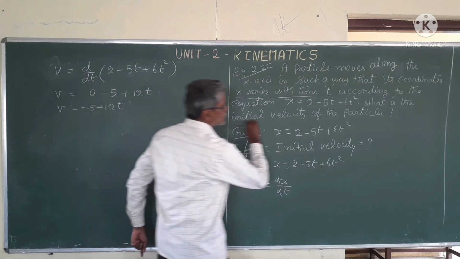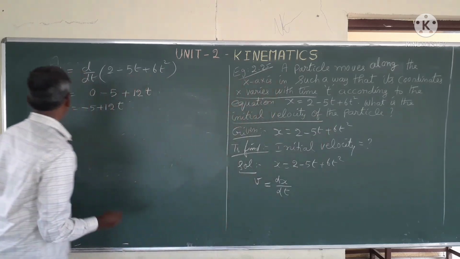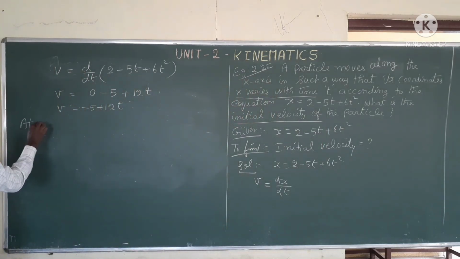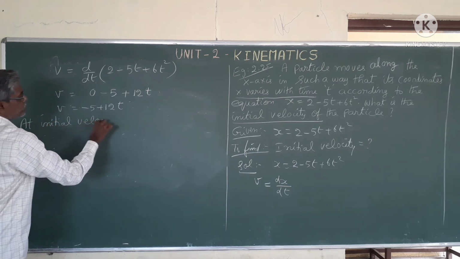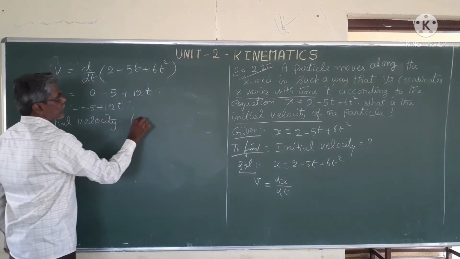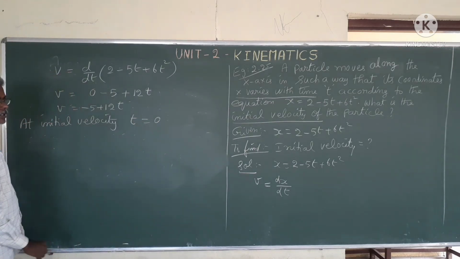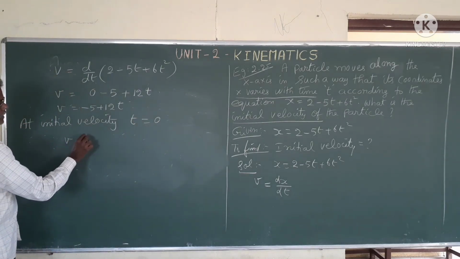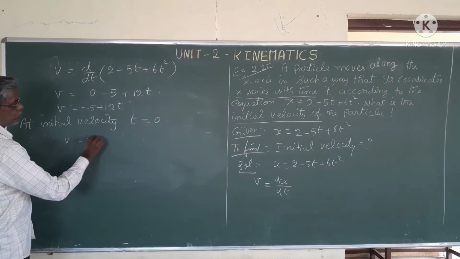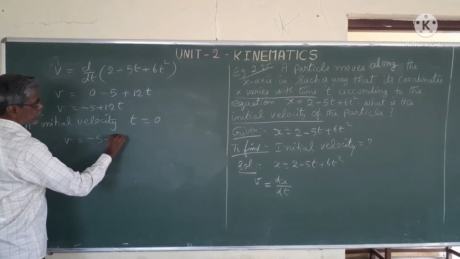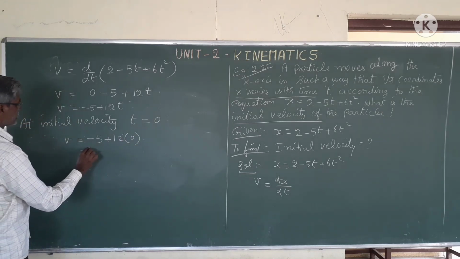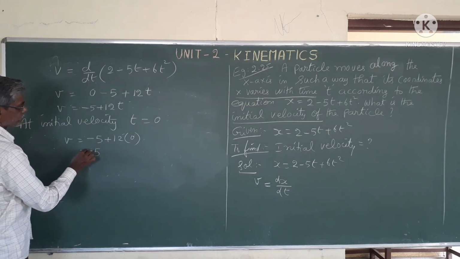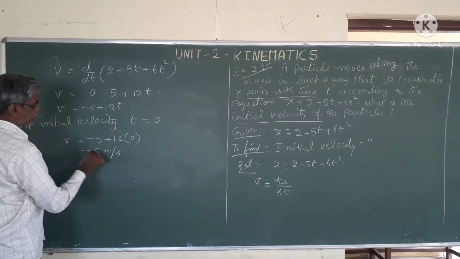At initial velocity, time will be equal to 0. So therefore v, the initial velocity, is equal to minus 5 plus 12 into, instead of t I will put 0. So it is minus 5 meter per second.